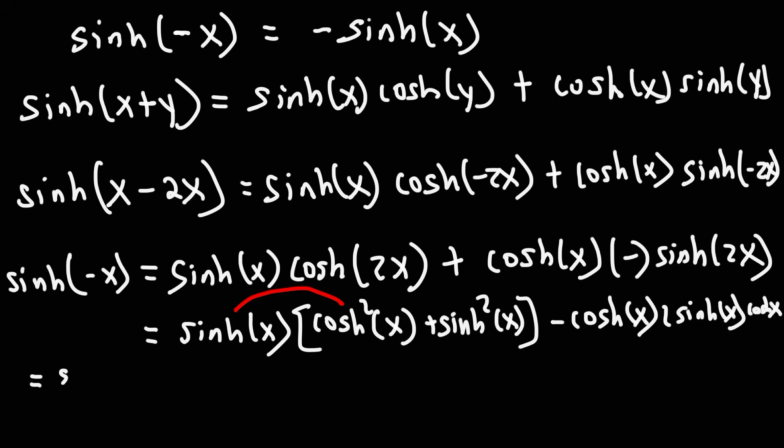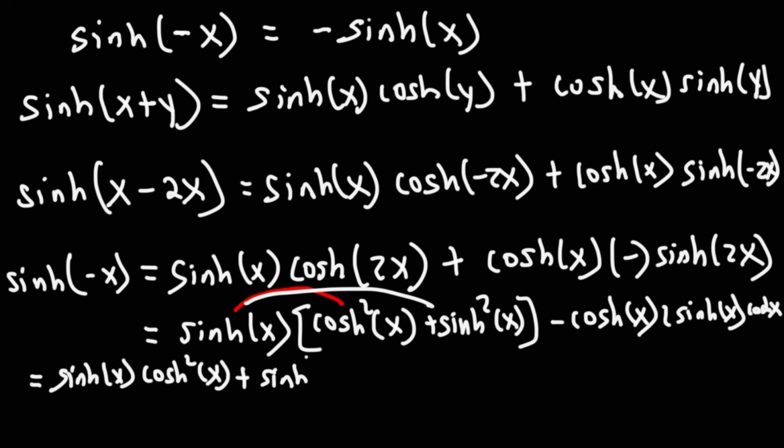So we're going to have sine of x times cosine squared. And then here, this is just going to be sine cubed. And for this one, we have negative 2 sine times cosine squared.